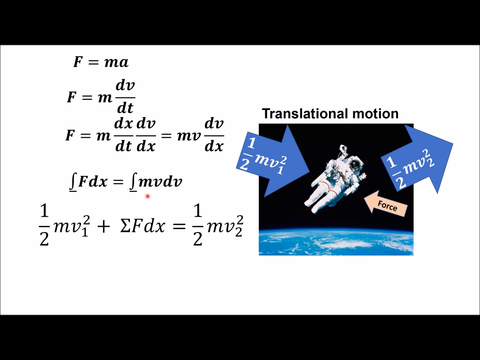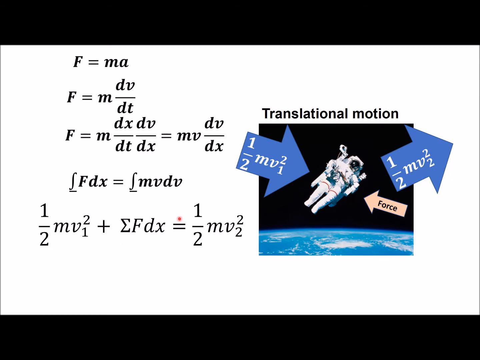Integrating, we get our kinetic energy, 1/2 mv squared. And of course, when you integrate it, this is state 2 minus state 1, the initial state.